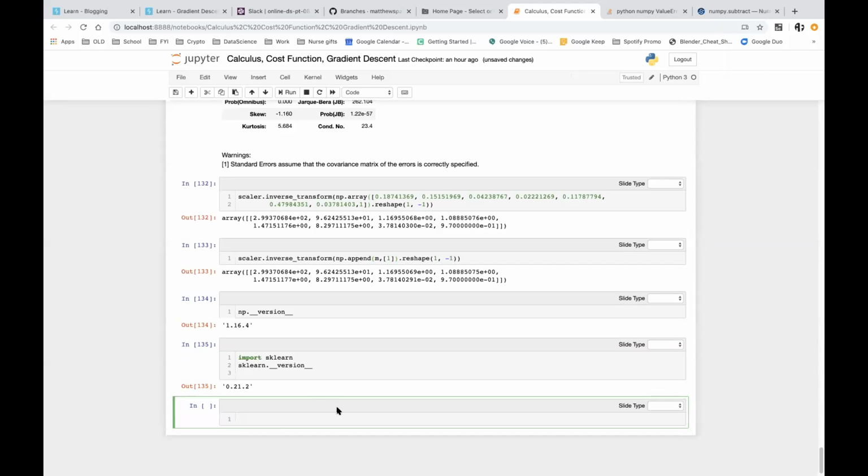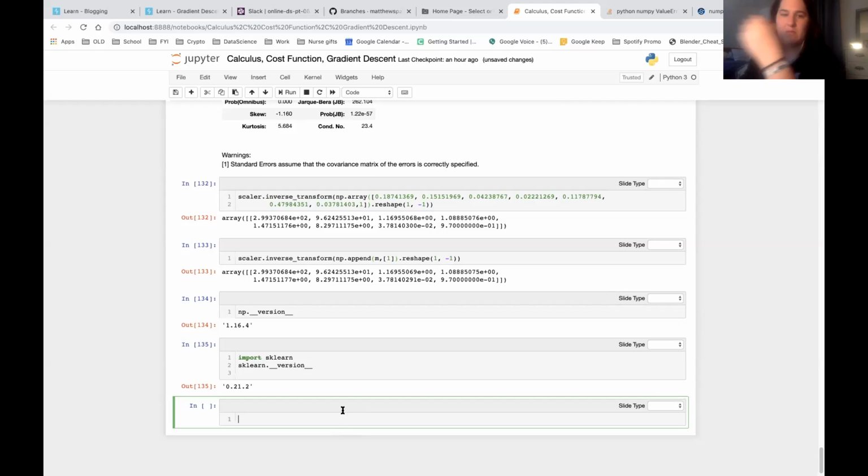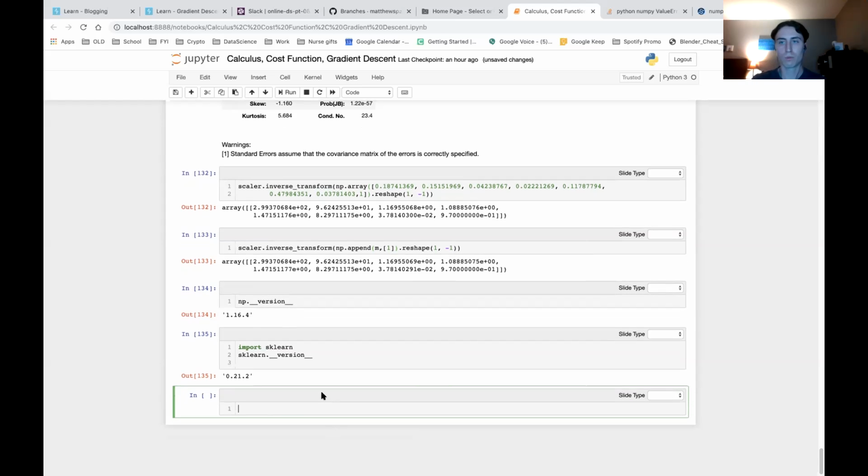Mine is 0.20. How do I upgrade? Isn't it just pip update? I have 0.21.3 on sklearn. Wait, what do you have? 0.21.3. Okay, so slightly different.